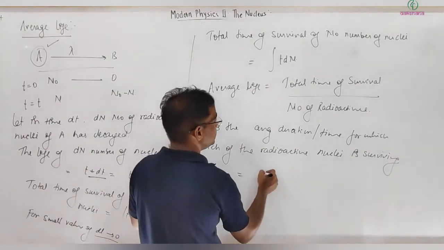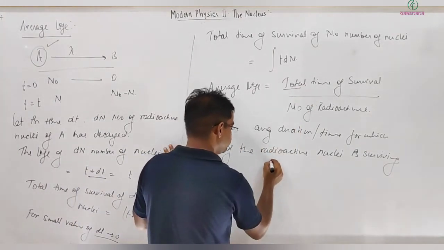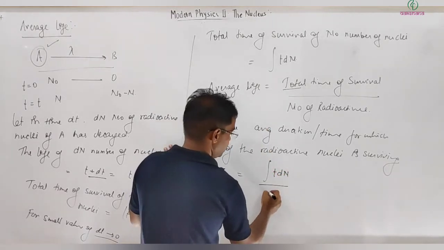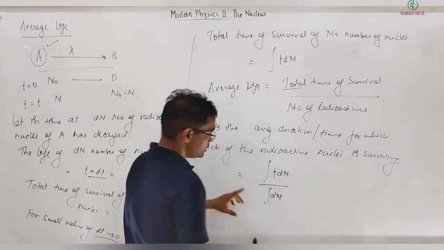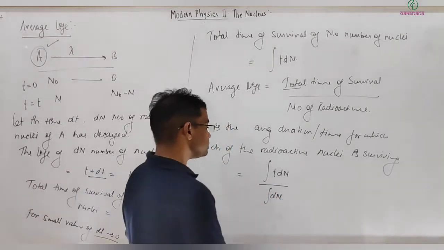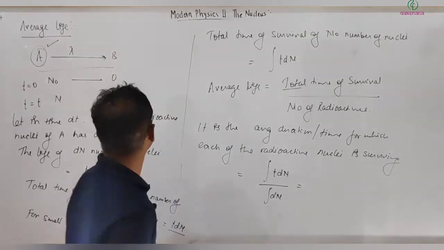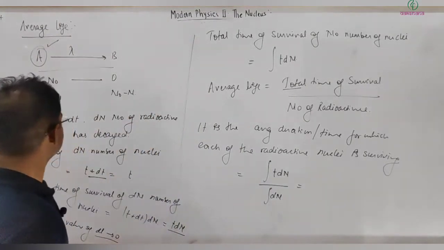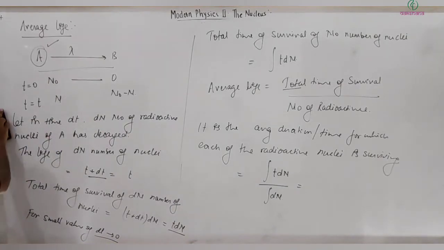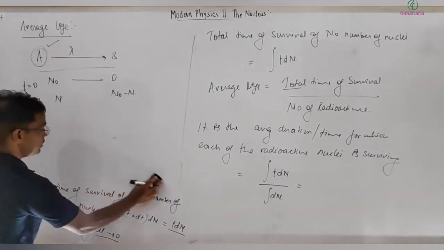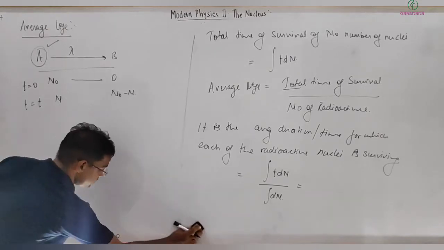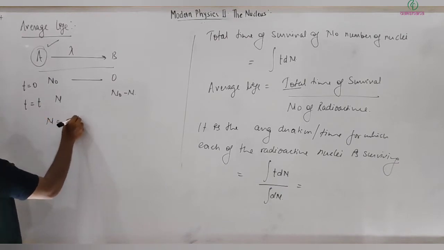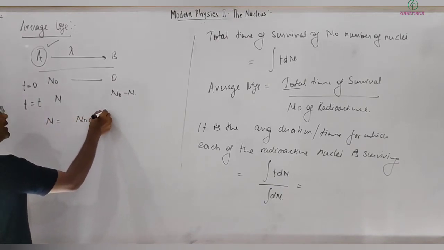So this comes out to be integral t dn divided by integral dn. Integral dn we already know. One more thing here, we need to substitute dn. For that let me just erase this part. As I know already, for this case n is equal to n naught e raised to power minus lambda t.